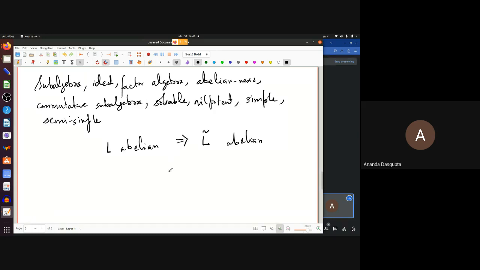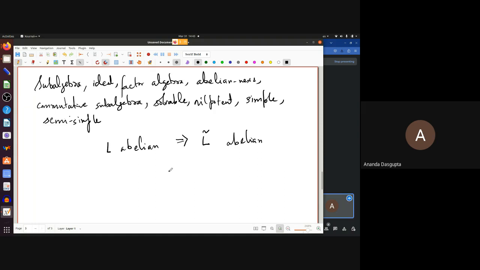What about the other way around? If L tilde, the complexification, is abelian, does that tell you that L is abelian? That is, if L tilde is abelian, you take any two of its elements, take their bracket, you get zero.